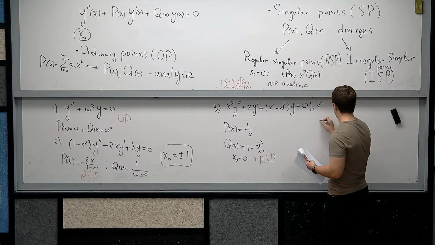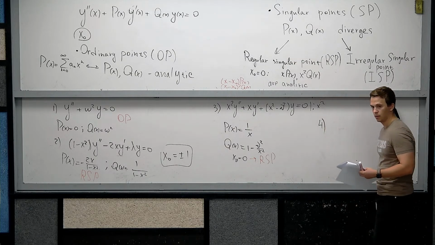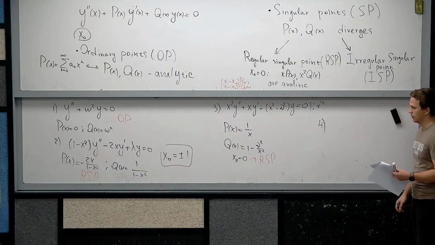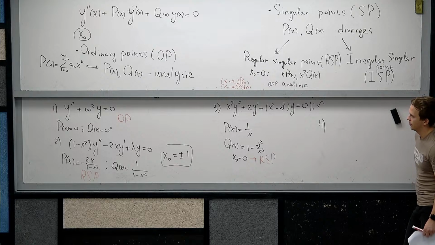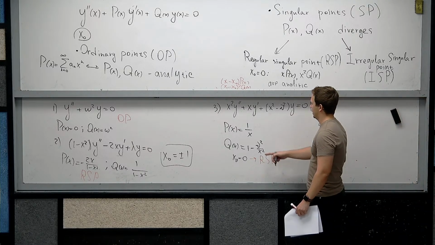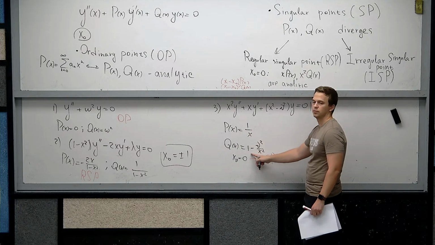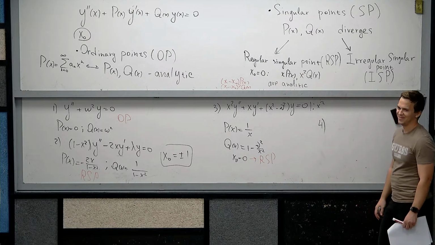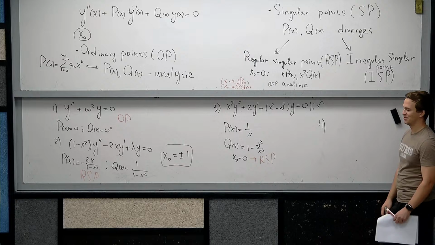The last one. We didn't discuss infinity like we did in the class, but we may say something about it. What do you think? Is it a regular singular point in this case? If x goes to infinity, this goes to 0 and this goes to 1. So 0 and 1 are analytic; you can expand them in series.